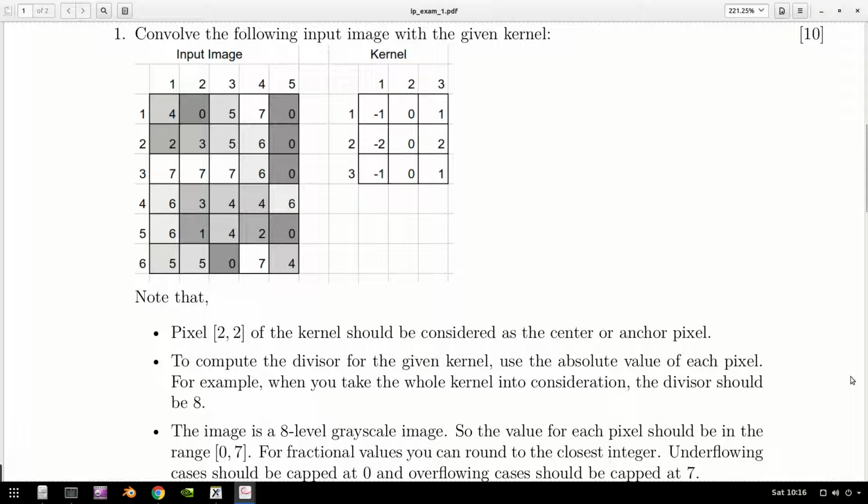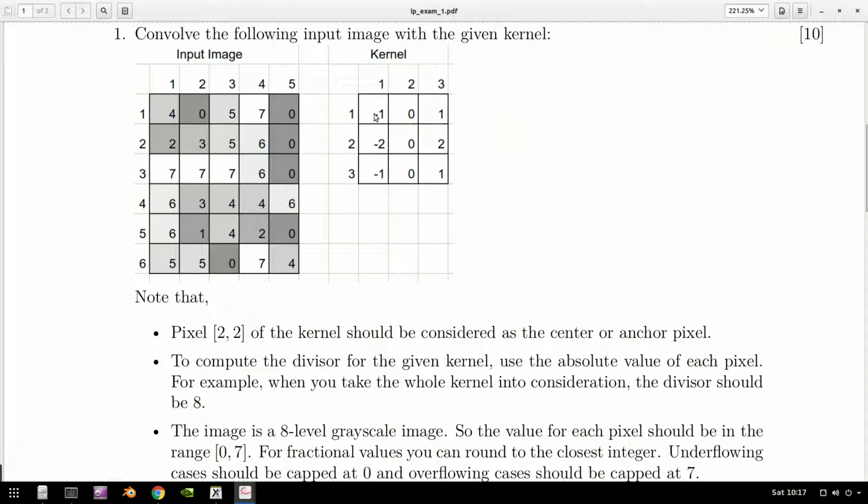Okay. So the first question was fairly straightforward. We got an input image and we have to convolute this with a given kernel. Part of the trick is that it has some negative entries, but I've actually written the conditions down. If you have these negative entries, you have to multiply and then add, then divide.